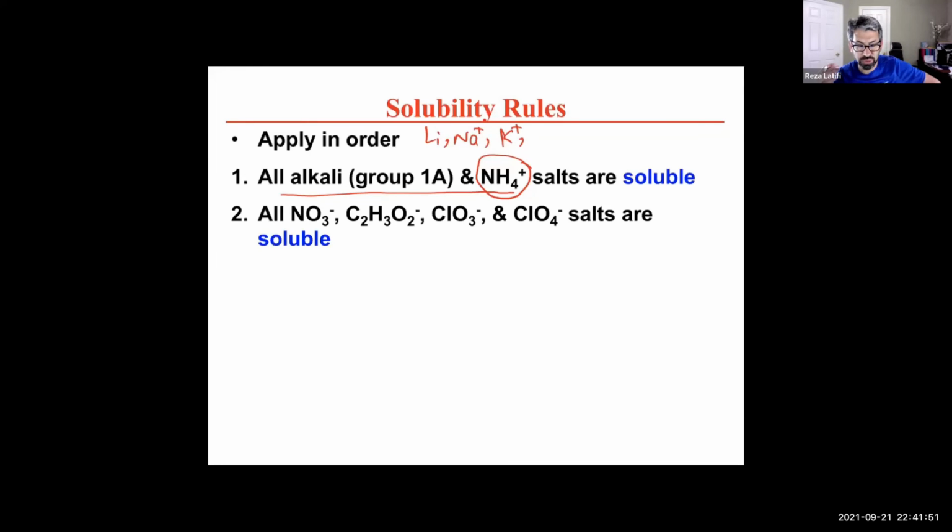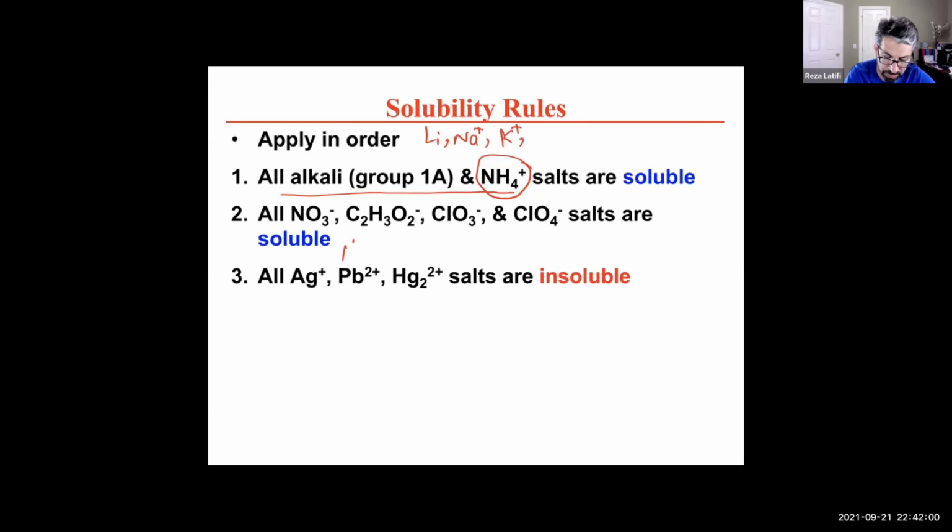Next, if you go with an ion that is nitrate, acetate, chloride, or perchlorate, they will be soluble. Heavy metals, okay? Heavy metals most of the time are insoluble. So if you go with heavy metals, there's a high chance you will get some precipitation, but they will be soluble if they get paired with stuff from number 2.